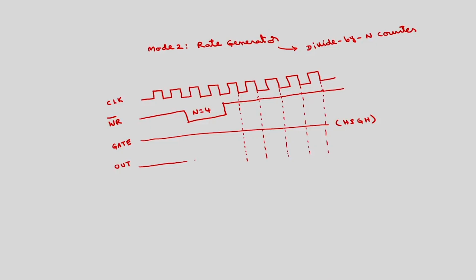This was initially high, then it will go low for n minus 1 clock signals, and again go high for 1 clock signal. This is 3, 2, 1, 0. This is for n minus 1 clock signals. Here n is 4 means 3 clock cycles it will go low. Then for 1 clock cycle it will go high.